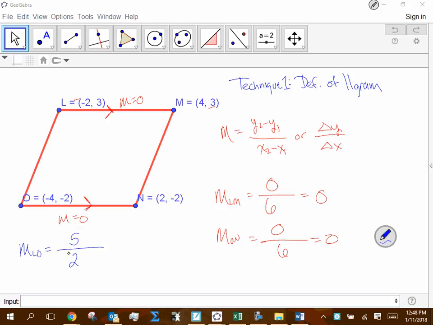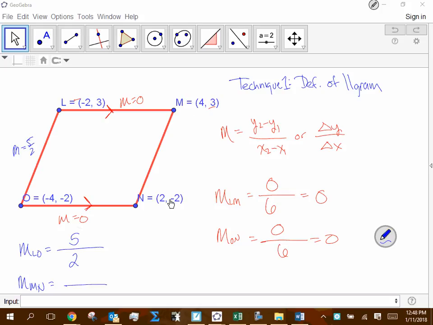Okay. Now just make sure that when you find these slopes, I found a slope of 5 halves, make sure you get your signs right. It's positive, right? Is this line moving from left to right up? And that's what a positive slope should do, right? So slope is 5/2.